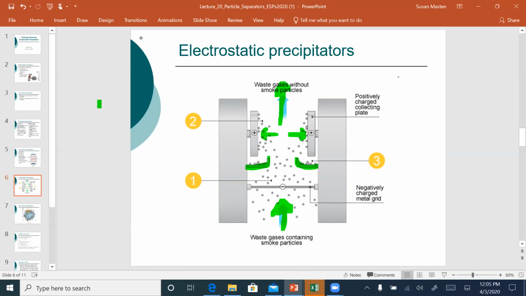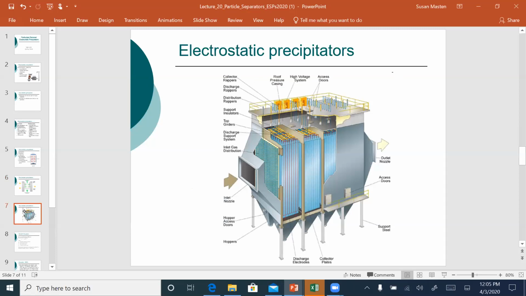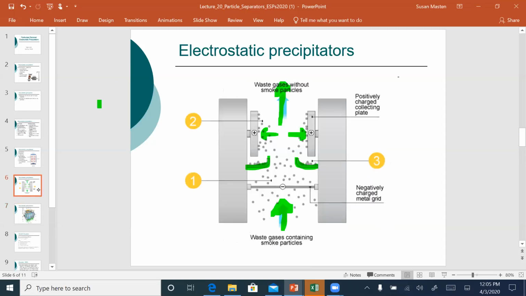Basically they vibrate these, that dislodges the particles, and you've got these hoppers at the bottom. So gases are moving one direction, they're collecting along the side. When you vibrate these collectors, that causes the particles to fall into this hopper where they can be collected, and then they're removed. An electric current is applied to these, so they're basically an electrode.